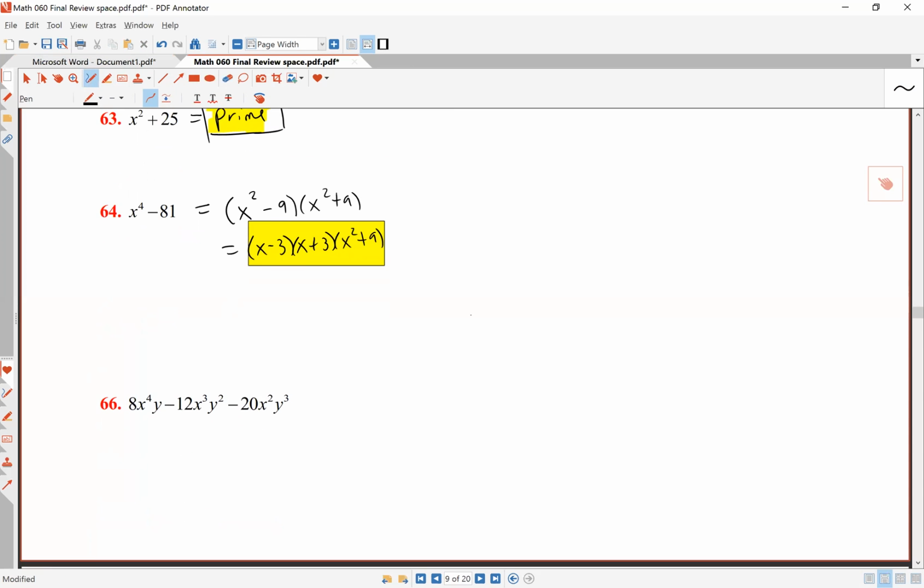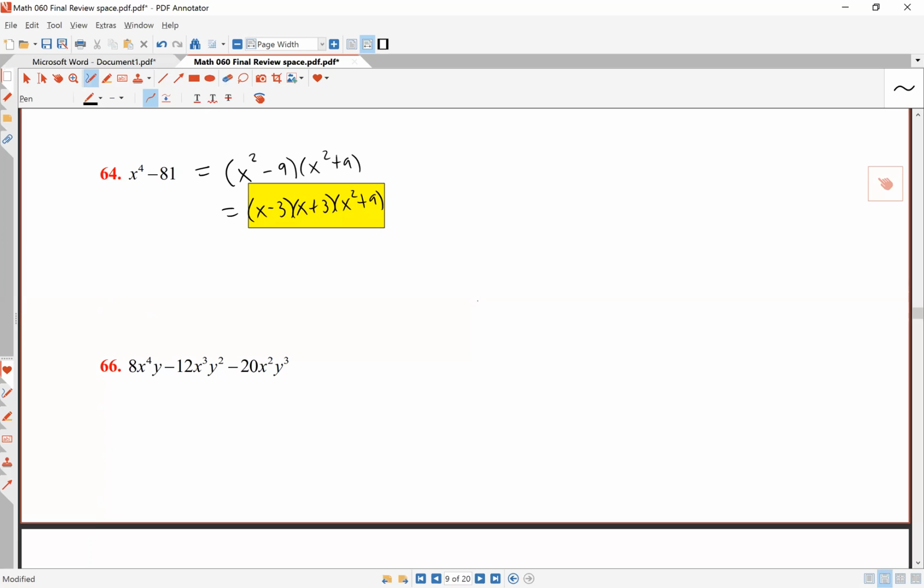66. We can take out a 4, an x squared, and a y. That leaves us with 2x squared minus 3xy minus 5y squared.